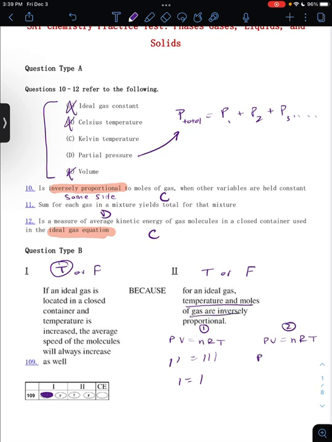So if we do 1 equals 1/2, so we halve the number of moles, keep R constant, and double the temperature, we still get 1 equals 1. Okay, so that means that they're inversely proportional. So if you cut in half the number of moles and you double the temperature, then it will be the same. Okay, so this is also true.